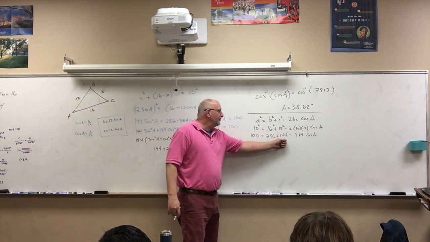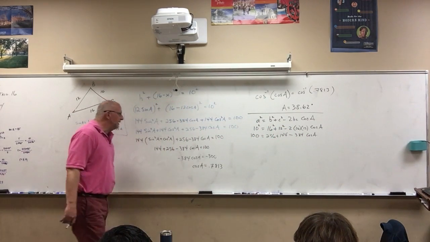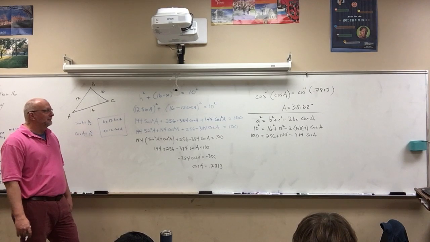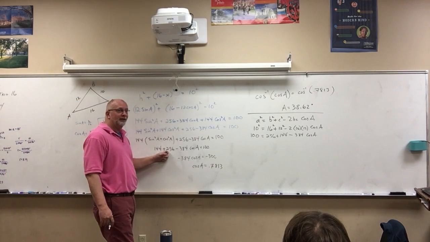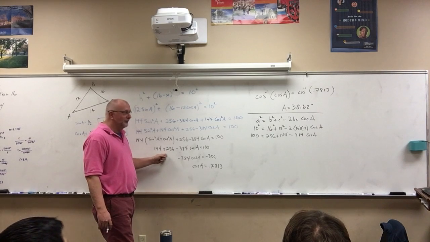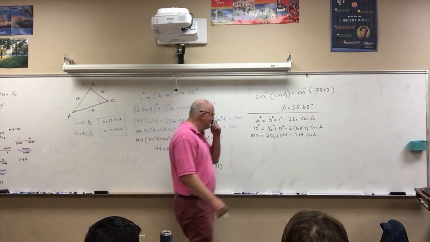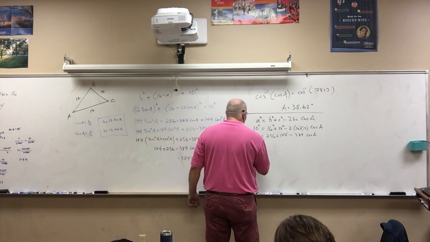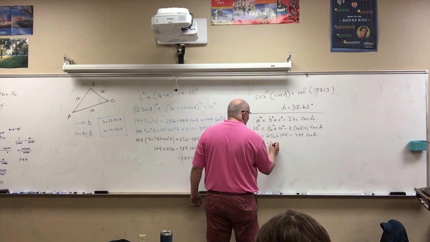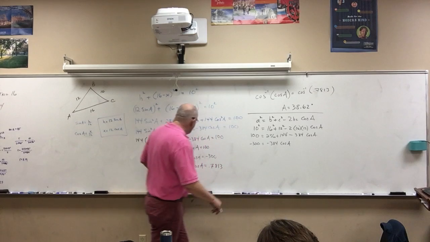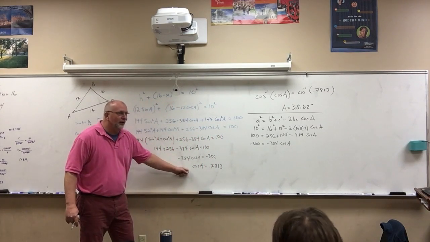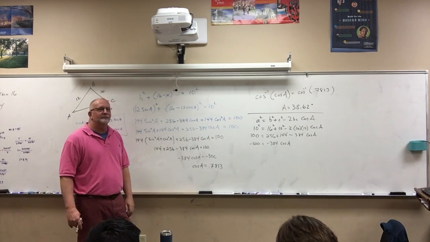If I bring the 256 and the 144 over to the other side, it's still negative 300. See how we're already back down to here? Obviously I'm now back to getting the answer.